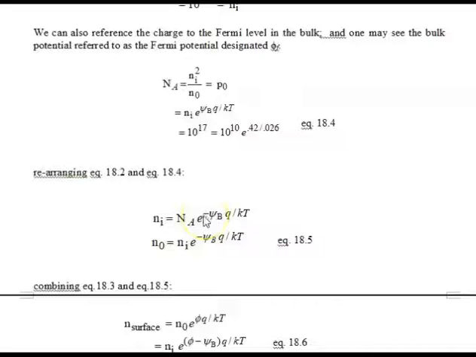Notice this minus 0.42, and then N0 will be Ni, again, e to the minus phi b q over kT. I put the q's in here. Sometimes I forget, sometimes I don't forget. It really is not terribly a big deal, either way.